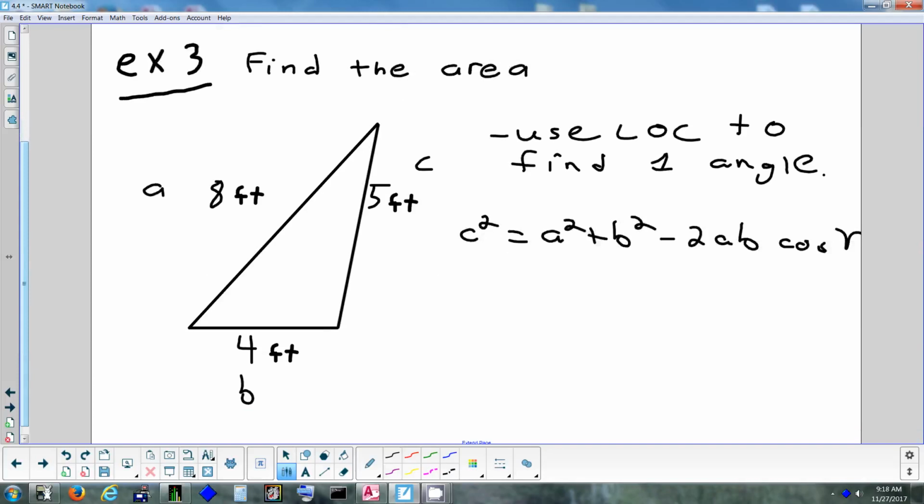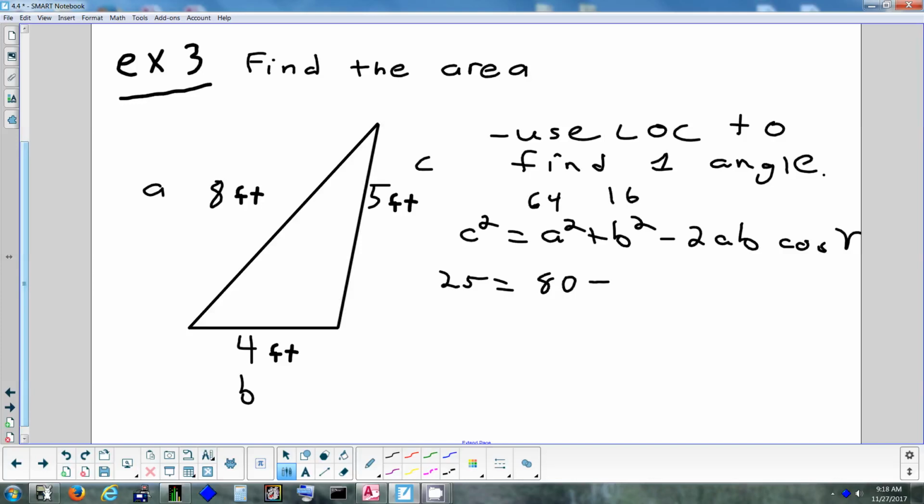Okay, so C is 5. So I'm just going to square it as I go. So 25. And then I have 64 plus 16. Okay, what's 64 plus 16? 80. Minus 2 times 8 times 4.